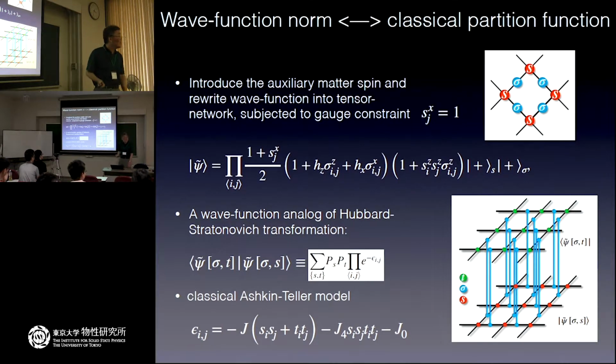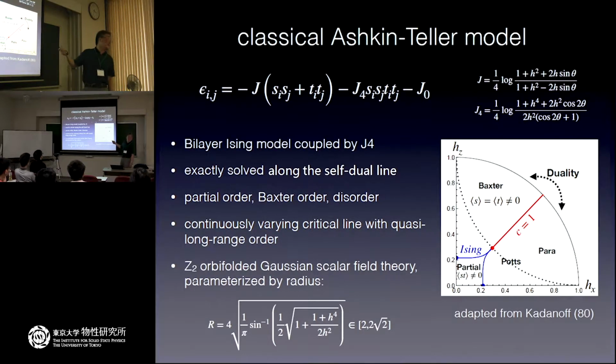Then where do hz and hx go in the norm of the wave function? They come into this J and J4 term. I see. So this is the classical Ashkin-Teller model. J has this form as a function of h and theta, and J4 has a different form.